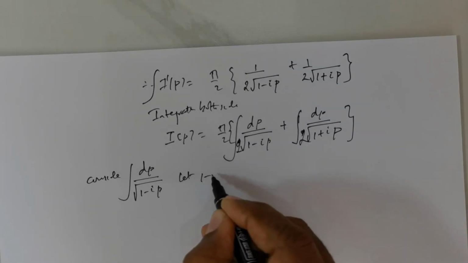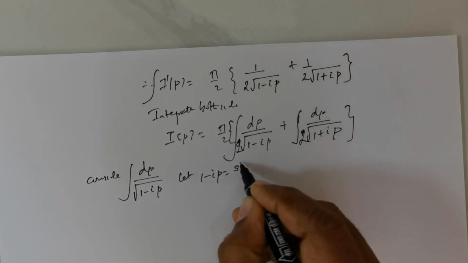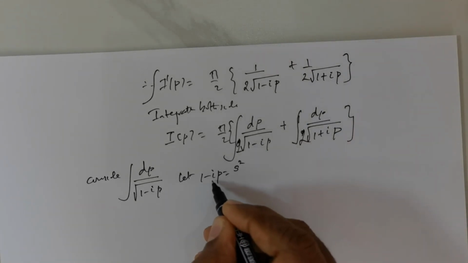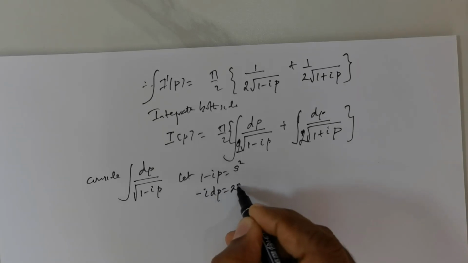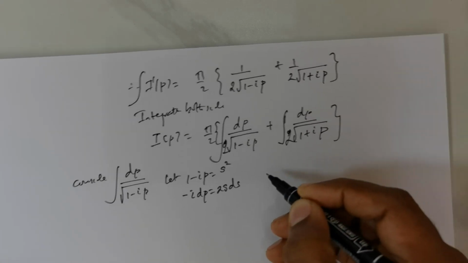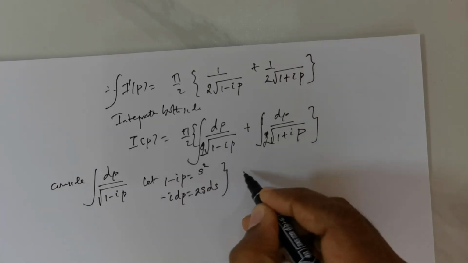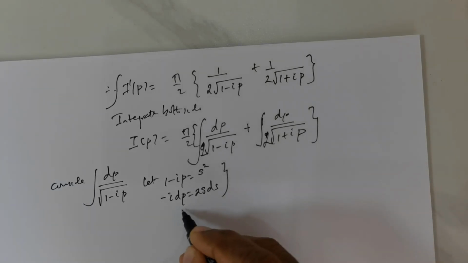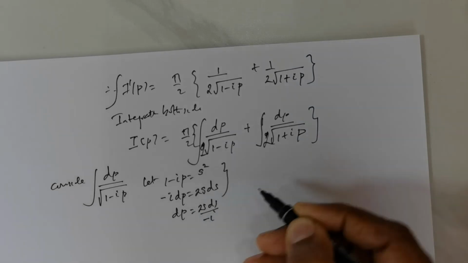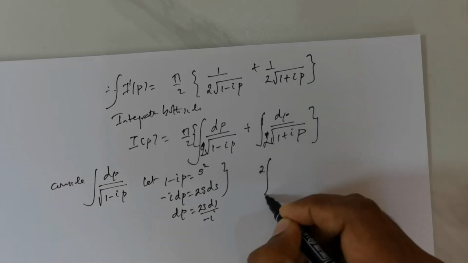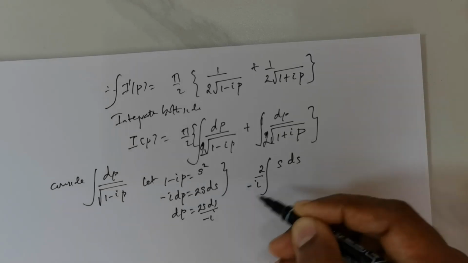Let me take 1 negative i times p to be equal to some s squared. I differentiate this, I get negative i times dp is equal to 2 times s ds. You substitute that value in place of dp: 2 times s ds divided by negative i, over root of s squared. So the 2 is taken out, s is retained, ds is placed, negative i is taken out.